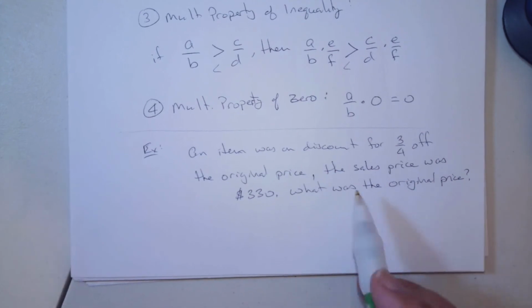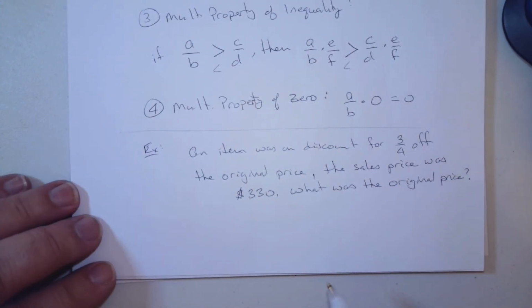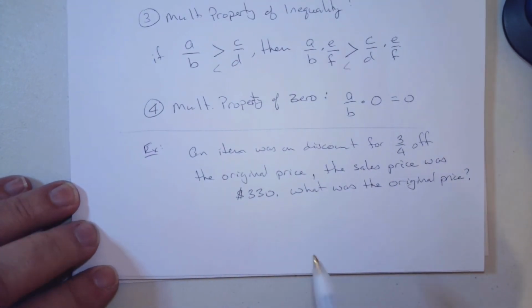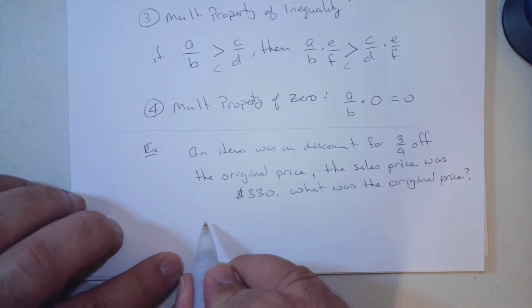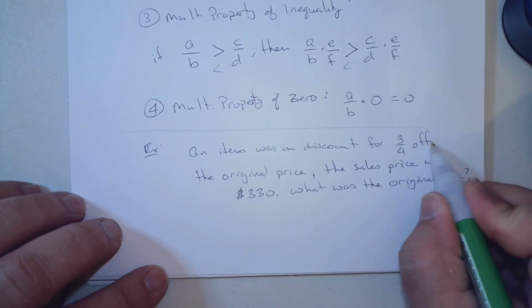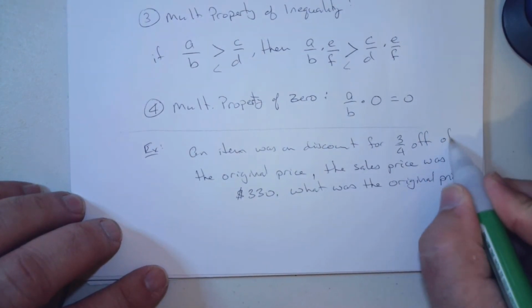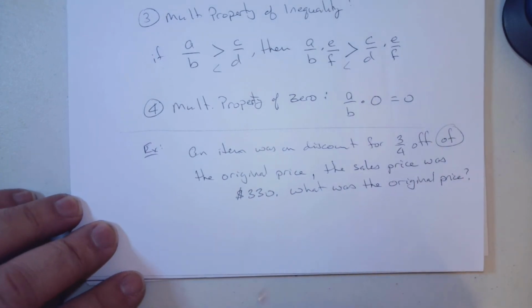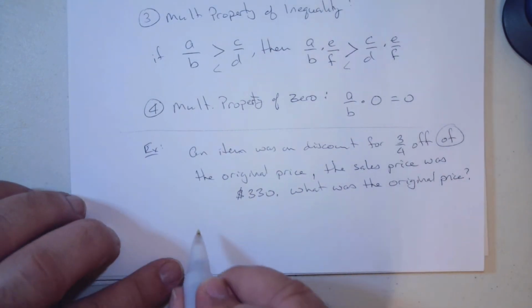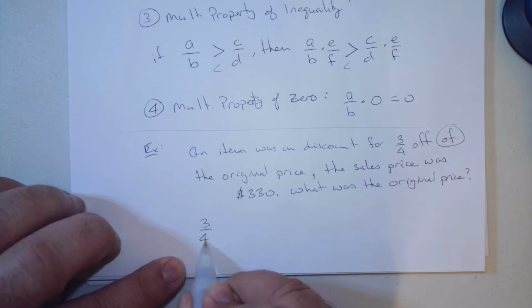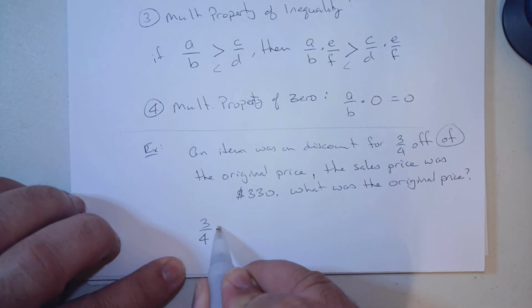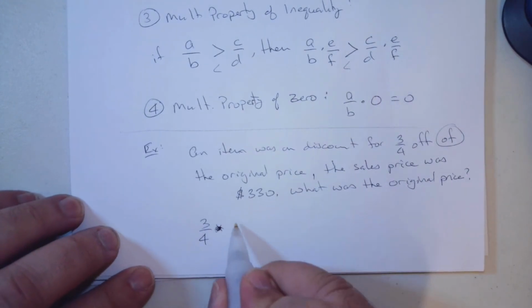It was on discount for 3/4 off the original price. So that says, remember, it's off of the original price. So it's 3/4 of, that's multiplication, the original price.